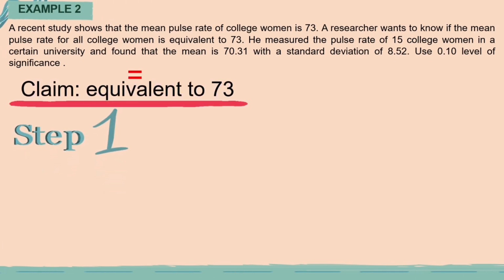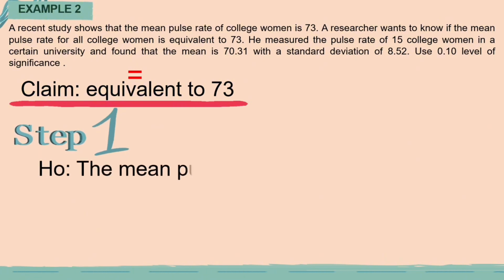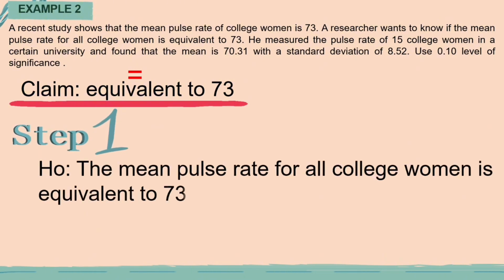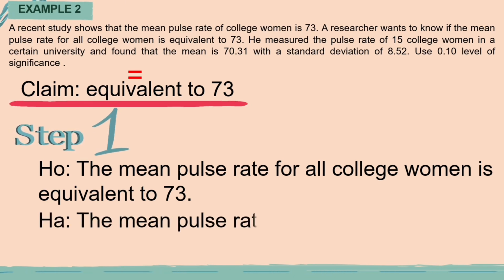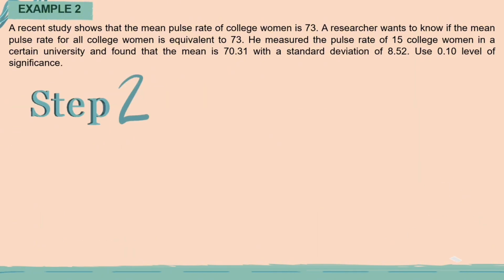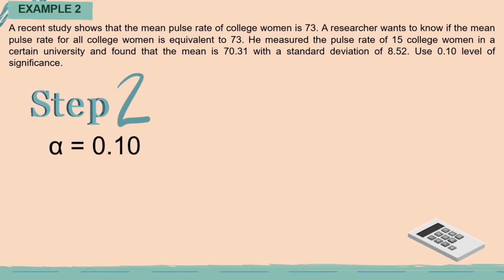Step 1. Our null hypothesis is the mean pulse rate for all college women is equivalent to 73, while the alternative hypothesis is the mean pulse rate for all college women is not equal to 73. Step 2. Our level of significance is 0.10.